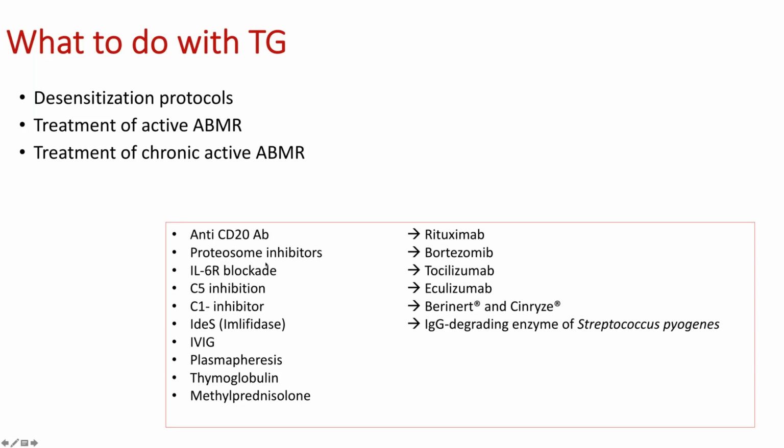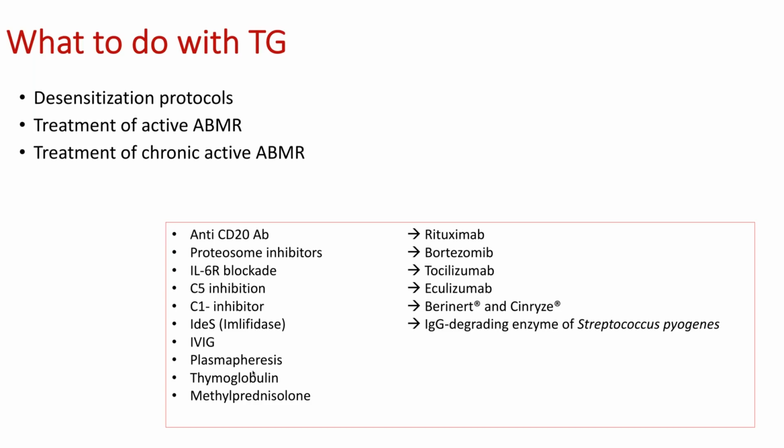Anti-CD20 monoclonal antibody, proteasome inhibitors, IL-6 receptor blockade, C5 inhibition, C1q inhibitors, IdeS, which is the immunoglobulin-degrading enzyme of Streptococcus pyogenes, which will break down the antibodies, our traditional IVIG or intravenous immunoglobulin, plasmapheresis, thymoglobulin, and steroids. Now, each center has their own favorite way of treating transplant glomerulopathy.